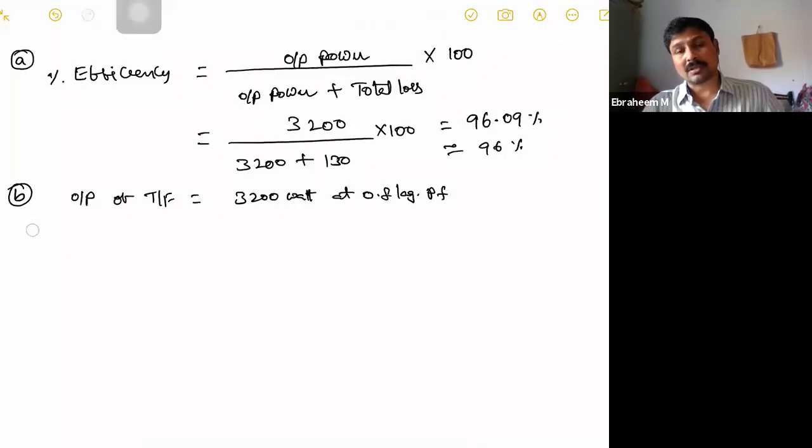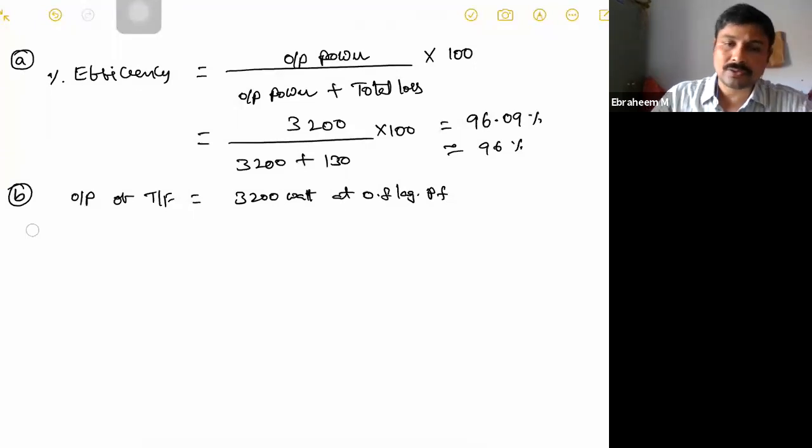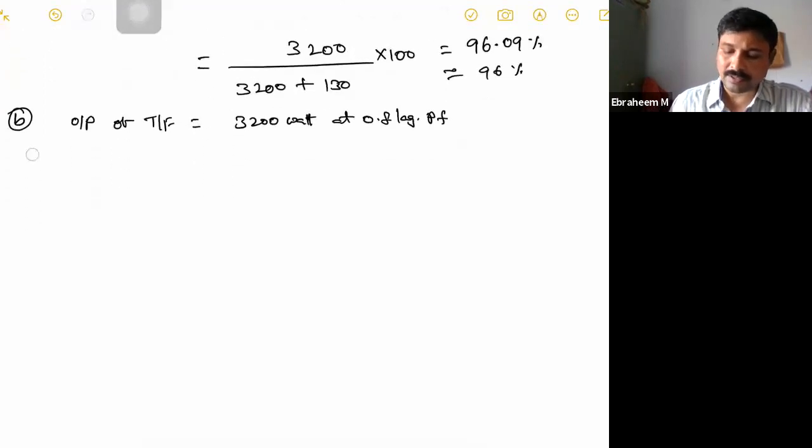Power factor is nothing but cos phi, where phi is the angle between voltage and current. So you don't worry about this. Whenever there is time, I will explain this power factor. I think I have already given you a hint about what a power factor is. Does anybody have any idea about what the power factor is? Hello, hello.